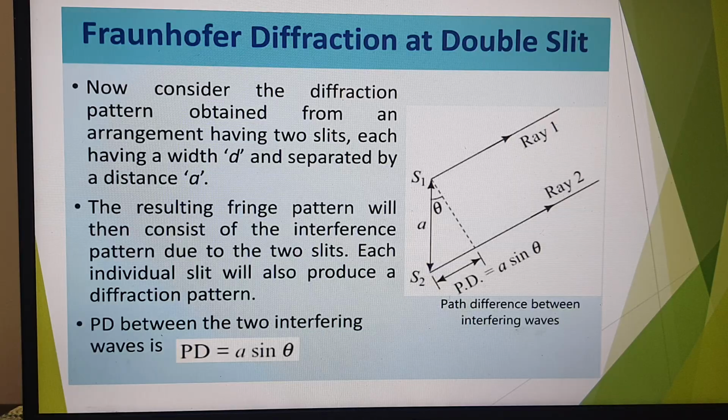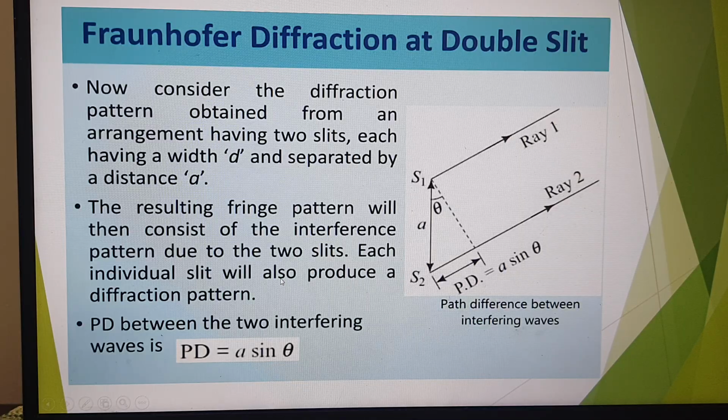Now, considering the diffraction pattern, we arrange two slits having width d and separated by a distance a. In some diagrams and textbooks the widths of the slits are differentiated as a and b. The resultant fringe pattern will consist of the interference pattern due to the two slits.